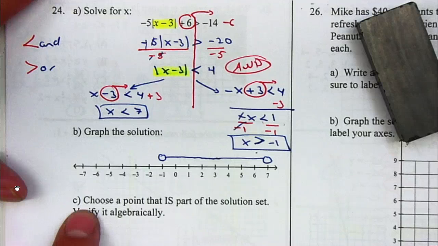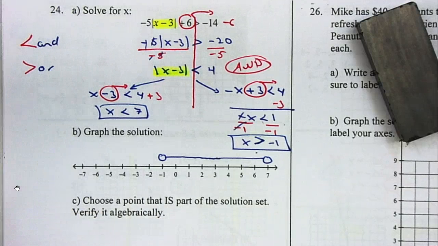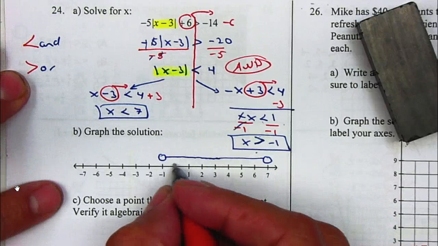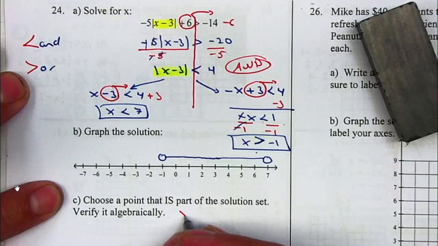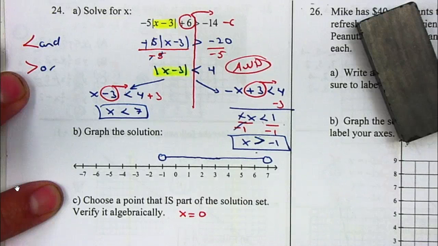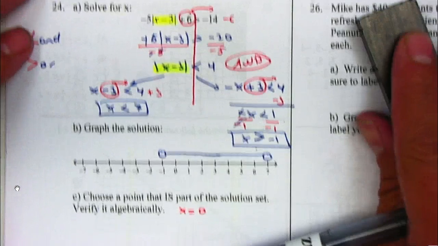Now for letter C, it says choose a point that is part of the solution set. So you can select any of the ones in there. So let's go and select 0. That might be a little bit easier. So we're going to say x equal to 0. And then verify algebraically. So therefore I need to check to see if that's a solution.